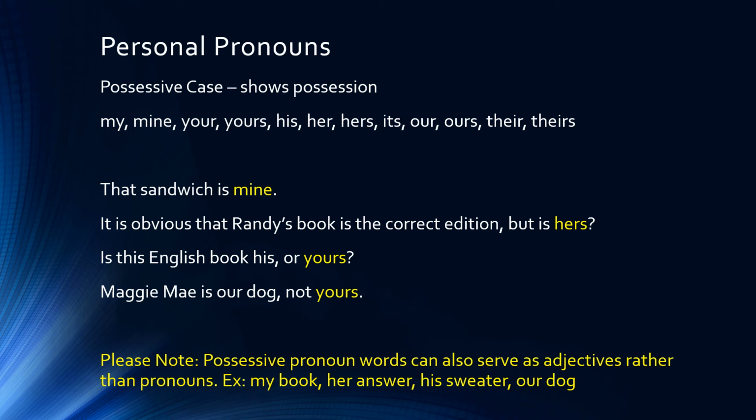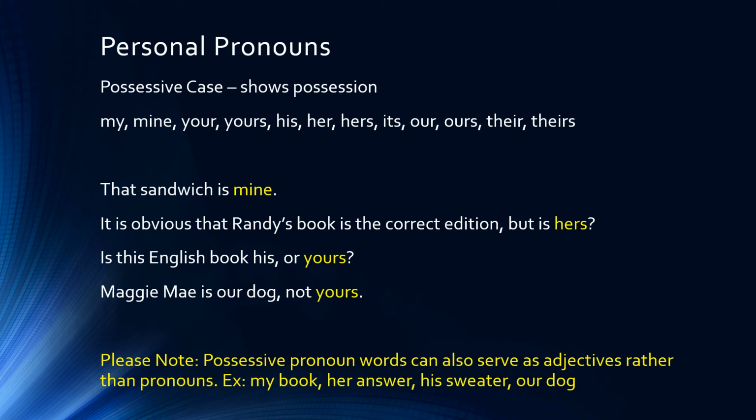Now, note down at the bottom of this slide, possessive pronouns can also serve as adjectives rather than pronouns. An example of that is my book, her answer, his sweater, our dog. So, possessive pronoun words can serve as adjectives.